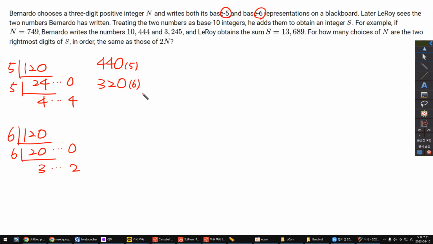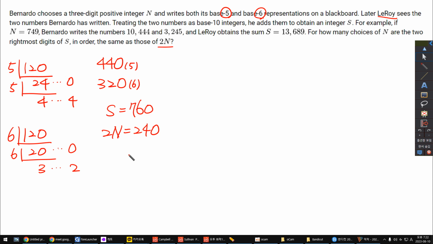And that's what Bernardo did. And Leroy thinks they are just normal numbers, so he added these two, and that's the sum s. So when you just add these two numbers, s is 760, and we want to compare this to 2 times n, and in this case 2 times n is 120 times 2, which is 240.